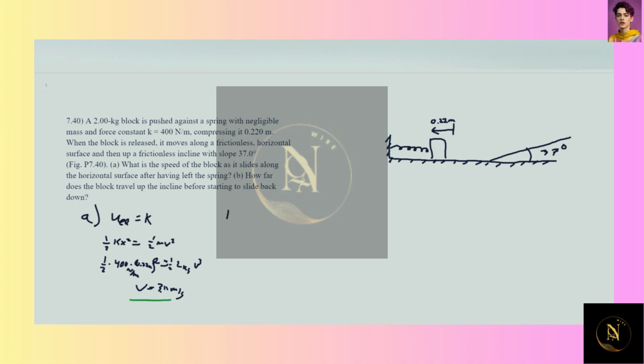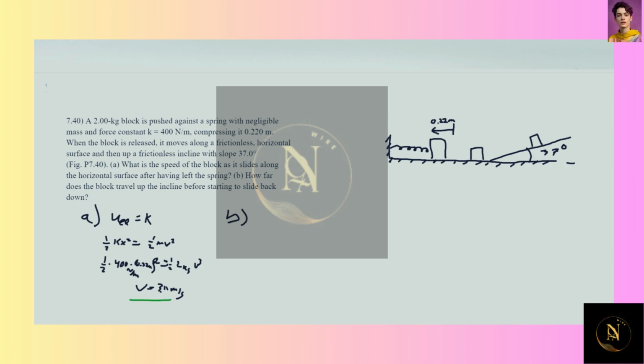Okay, then for B, how far does the block travel up the incline before starting to slide back down? We can again write the conservation of energy between the block in the position over here versus over here. The difference is that it has kinetic energy and no potential energy.